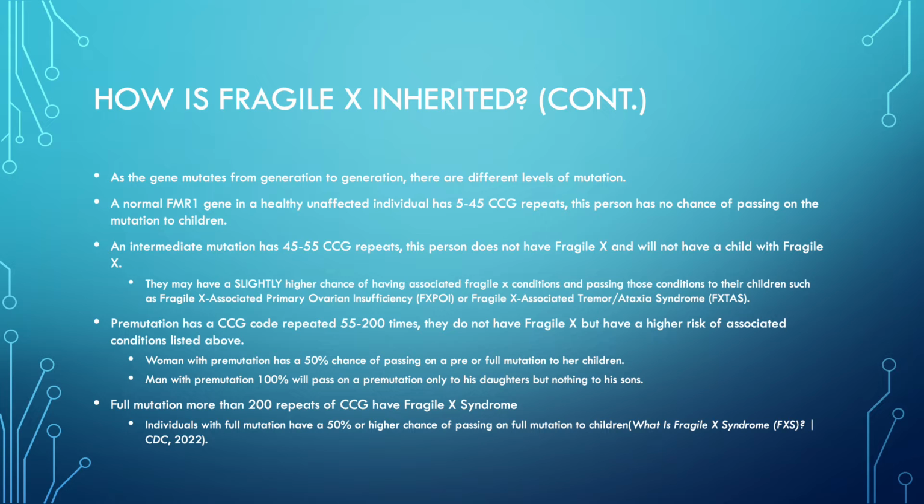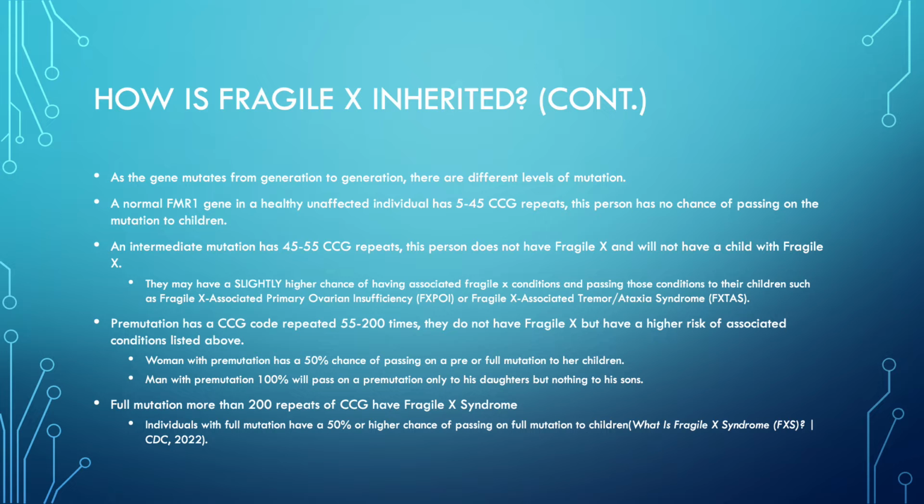Premutation is the next step, and it has a CCG code repeated 55 to 200 times. They do not have Fragile X, but have a much higher risk of the associated conditions that were listed above. A woman with a premutation has a 50% chance of passing on a premutation or a full mutation to her children.